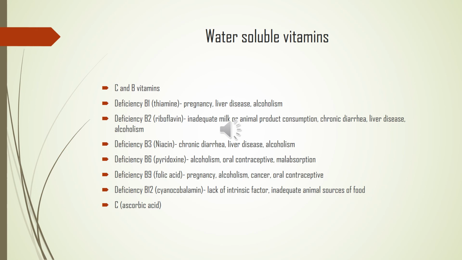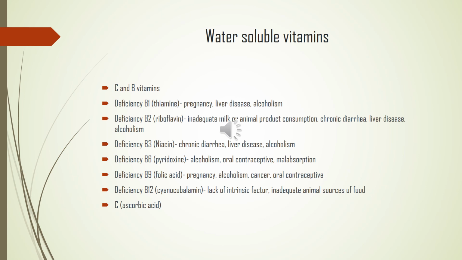It also has your folic acid. It also has B12 in it. It's got several other things in it, but it's got a lot of B vitamins in it, especially thiamine, to help with liver metabolism and stuff like that. So these are your most commonly used water-soluble vitamins.